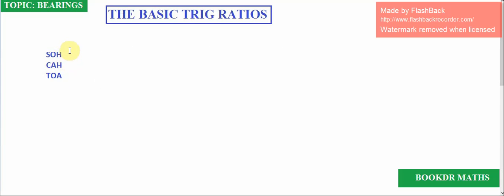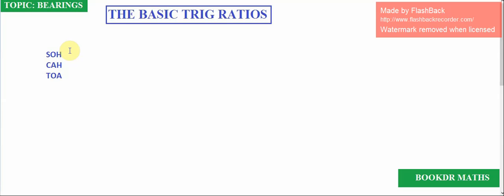SOHCAHTOA. Every mathematics student knows SOHCAHTOA. If you have not heard it before, then put it in your mind. It's a common acronym, and you use it not only in trigonometry, but in a lot of calculations. So put that in mind when it comes to mensuration and other topics.